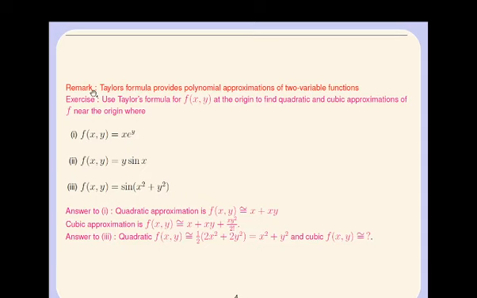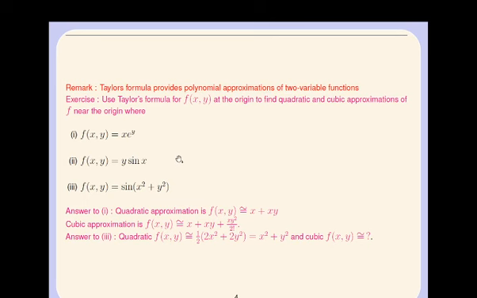Okay, we will make a remark. Taylor's formula provides polynomial approximations of two variable functions. I can approximate a given function of two variables by first degree polynomials or second degree polynomials or third degree polynomials in x and y.